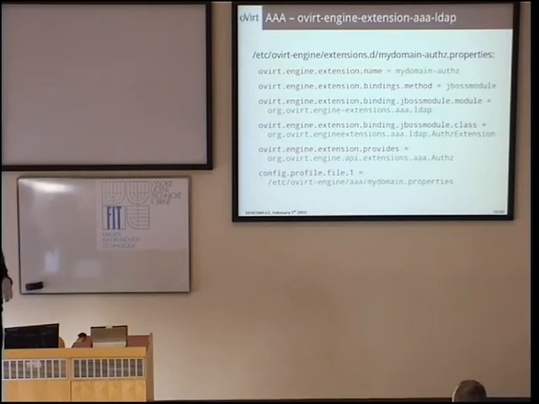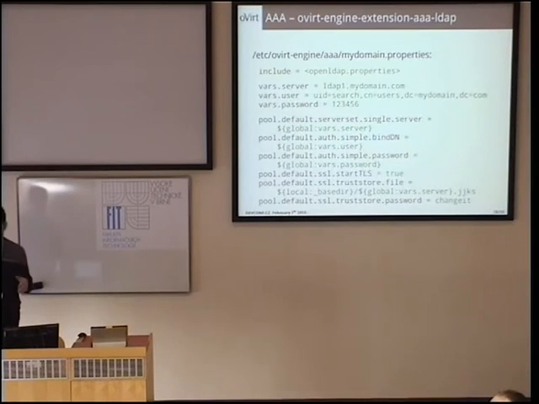Something similar is for authorization. As we can see, you can have the same properties, or if you have something really complex, you can have different properties for authentication and authorization. And how these properties look like, we provide some kind of templates for typical servers like OpenLDAP, Active Directory, Red Hat Directory Server, and so on, which have the common definitions that are usual for these LDAP servers, and you will just include those prerequisites.